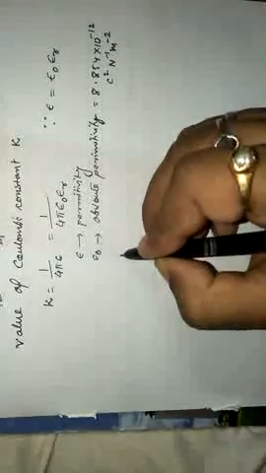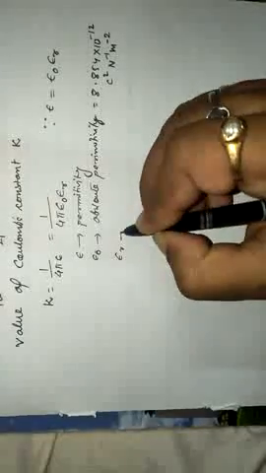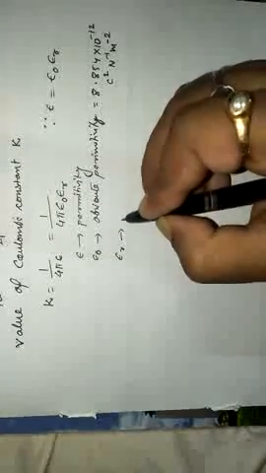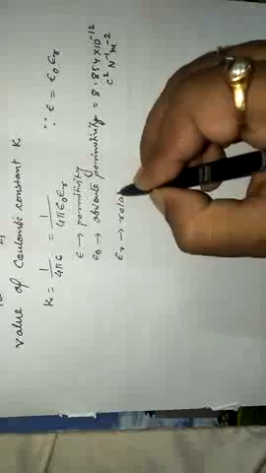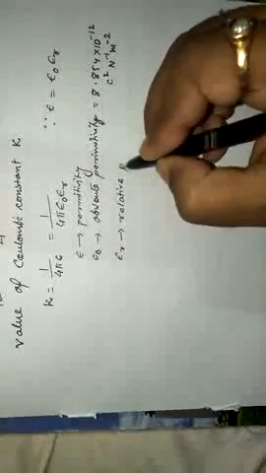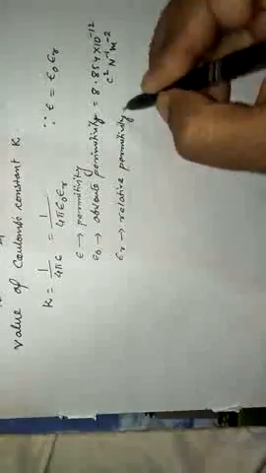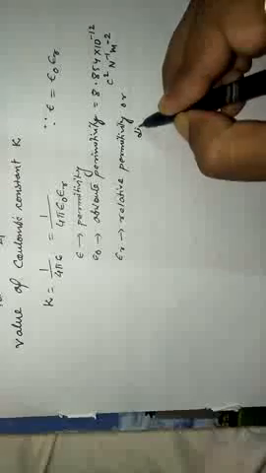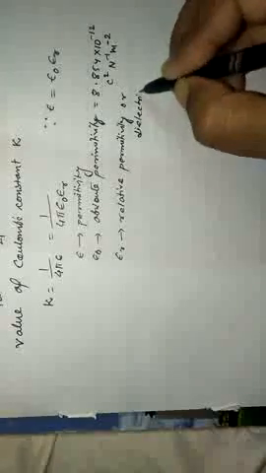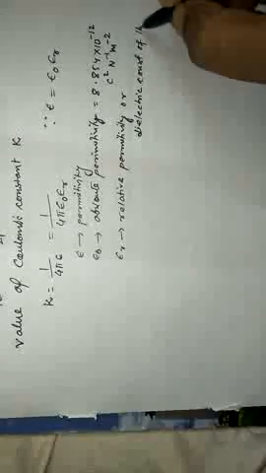Here epsilon r is known as the relative permittivity, or it is also called the dielectric constant of the medium.